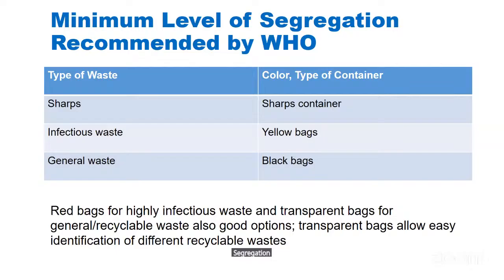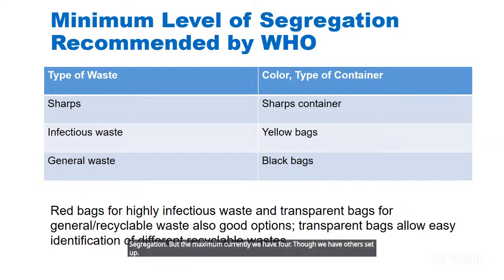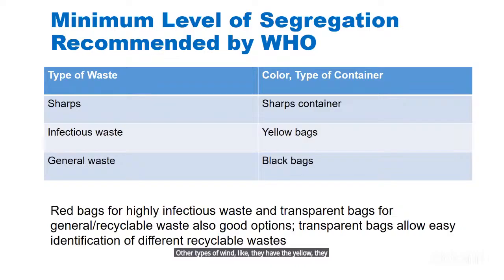But the maximum currently we have 4, though we have other setups, like when you look at Kenyatta National Hospital, they have other types of bins, like the yellow and the clear, that basically help them when it comes to waste recycling. But for the WHO, the bare minimum is 3. So red bags for highly infectious waste and transparent bags for general and recyclable waste are also good options that we really need to look at.